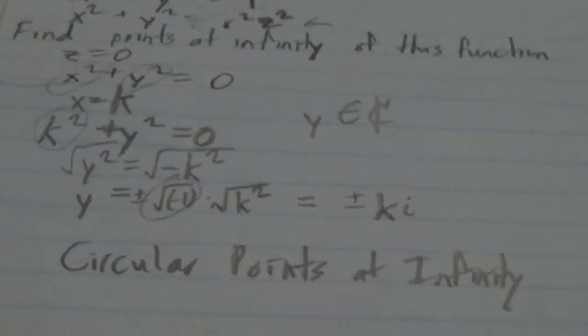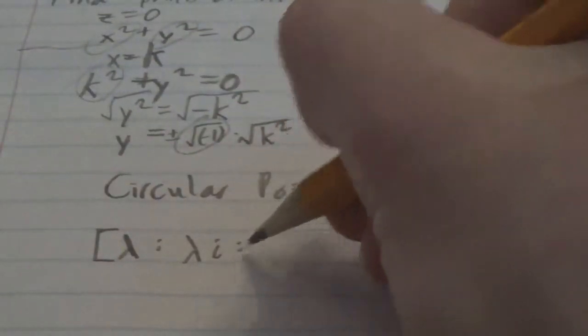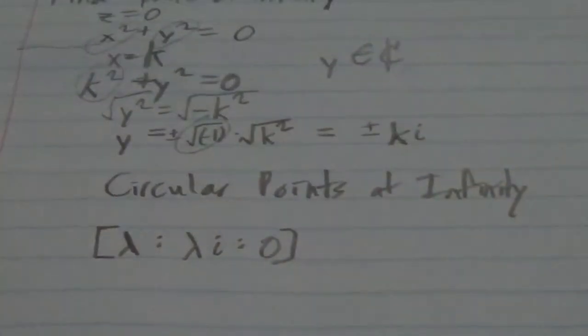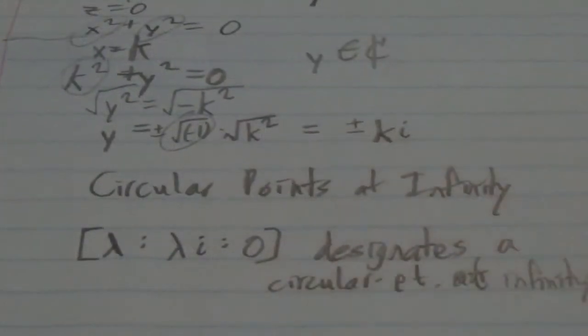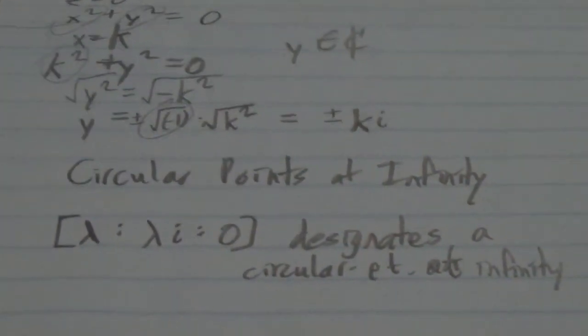So we know for a fact now that the solutions, and instead of k, I'm going to start using lambda, are lambda, lambda i, 0. We can know for sure that this designates a point at infinity which is on the circle.